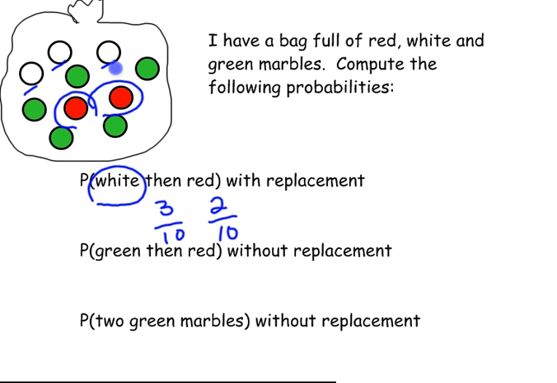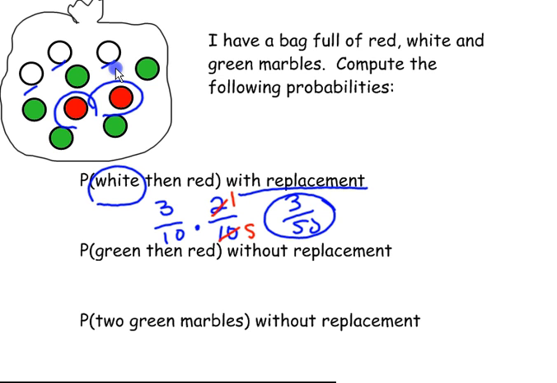To find the probability that the first happens and then the second happens, I multiply these two. 3/10 times 2/10. Now we know that multiplication is easier if we simplify first, so I'm going to simplify the 2/10 to 1/5, and then I'm going to multiply. 3 times 1 is 3, 10 times 5 is 50. So the probability of getting a white and then a red, if we replace the first one, is 3/50.